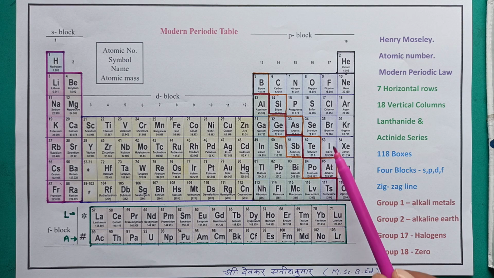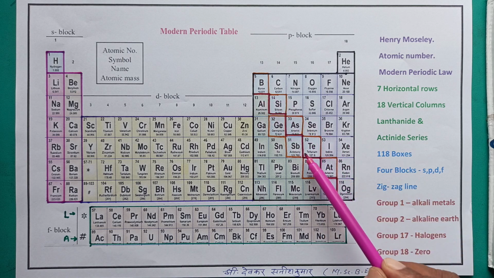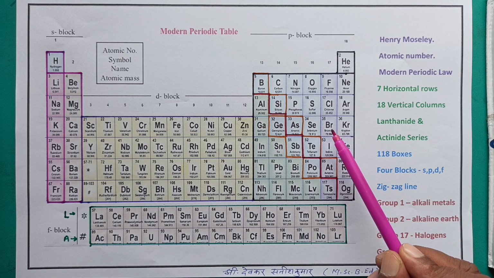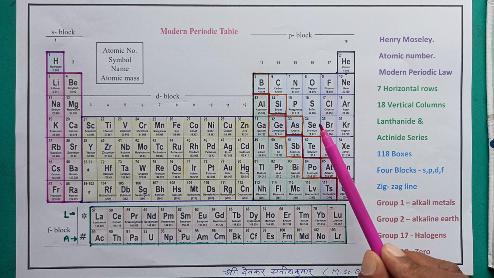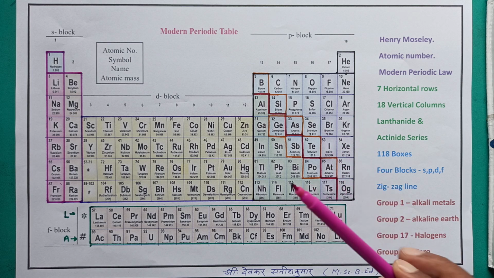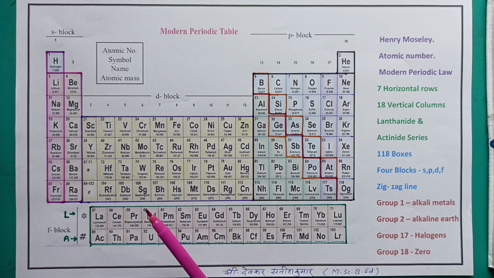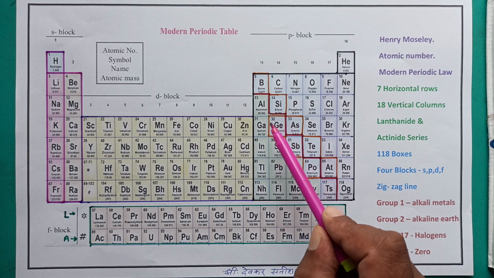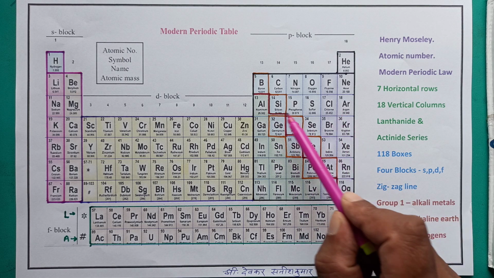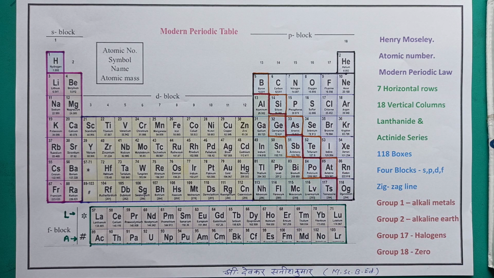Elements present on the right hand side of this zigzag line are called non-metals, and elements present on the left hand side of the zigzag line are metals. So in this P block three types of elements, metals, non-metals and metalloids, are present.